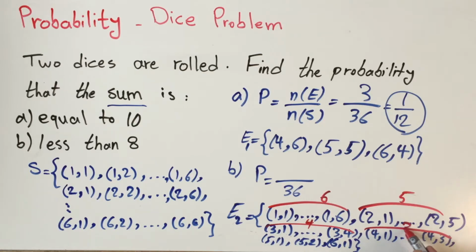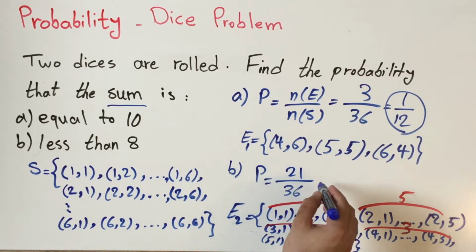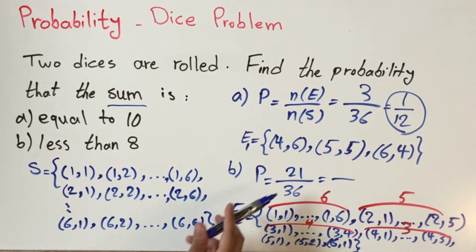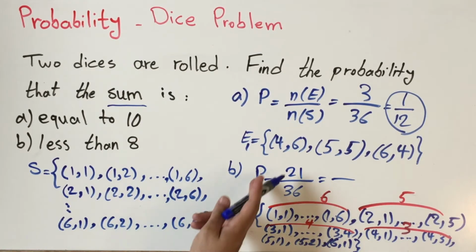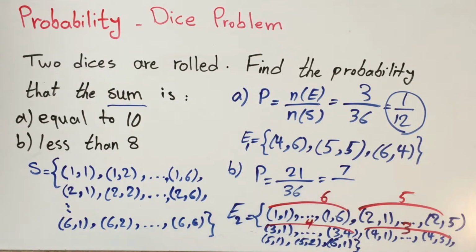These are 3. And then so this is going to be 11, 15, 18, 19, 20, 21. So the number here is going to be 21. I can reduce it. I can divide both by 3. So this is going to be 7, and this is going to be 12. So the answer is 7 over 12.